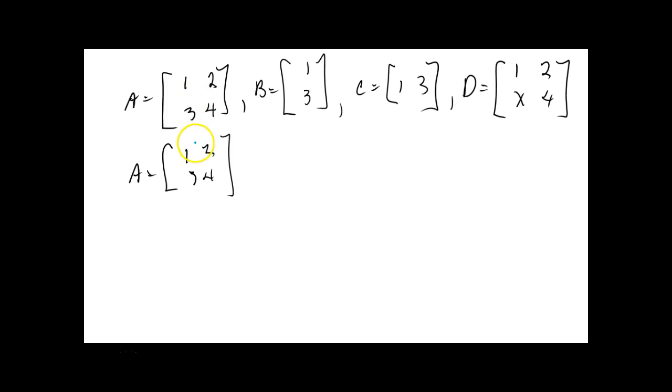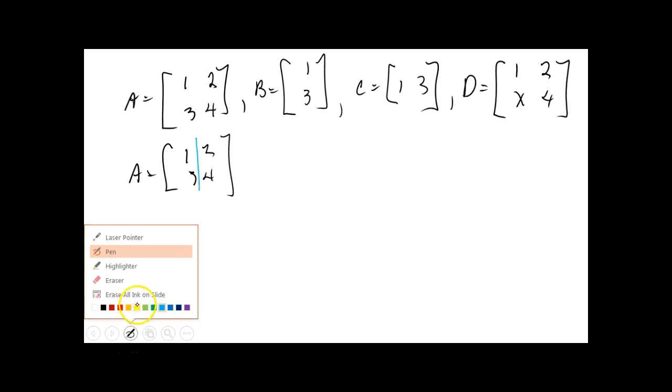Now what we're going to do here is draw, I'm going to use the same color they did, an imaginary line between those two columns in A. And what we've said now is we've partitioned matrix A, and that's the name for it, into 2 columns.